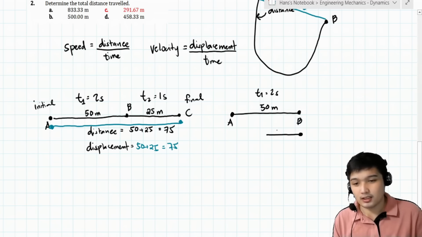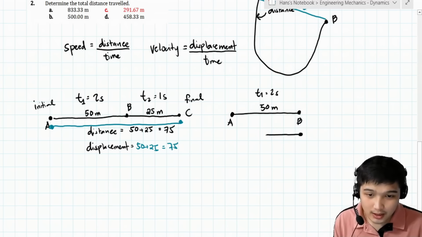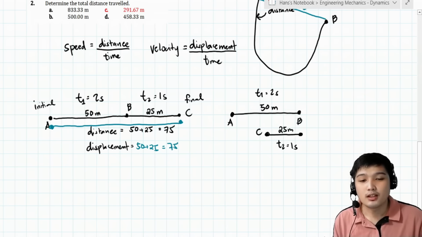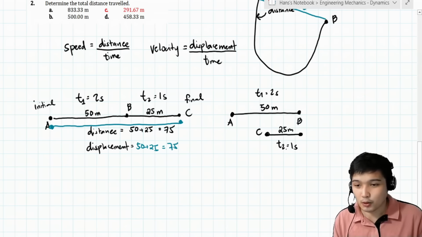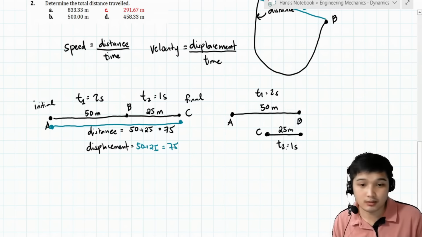So instead na mag-proceed siya to the right further, bumalik siya. Okay, so ito na yung point C. So this one is time 2 na 1 second, tapos bumalik siya ng 25 meters. Okay, in that case, kahit straight motion yan, kahit rectilinear motion yan, magkaiba na yung distance sa displacement.